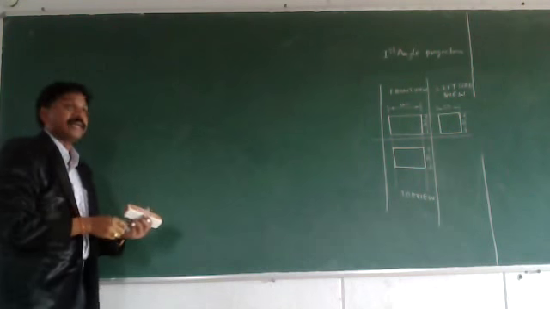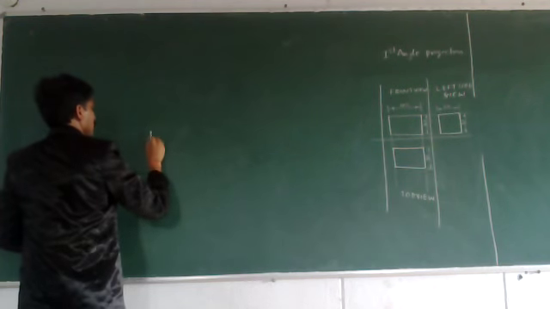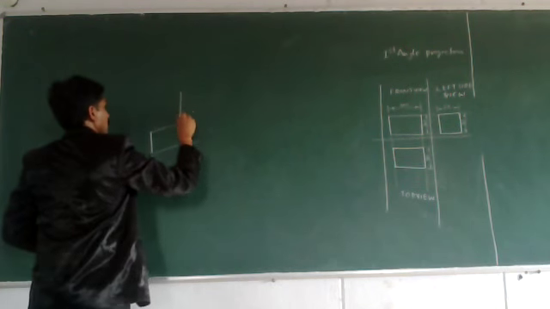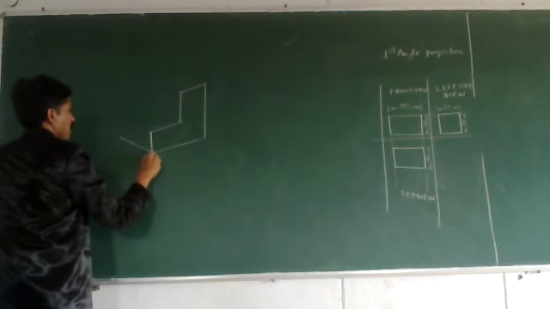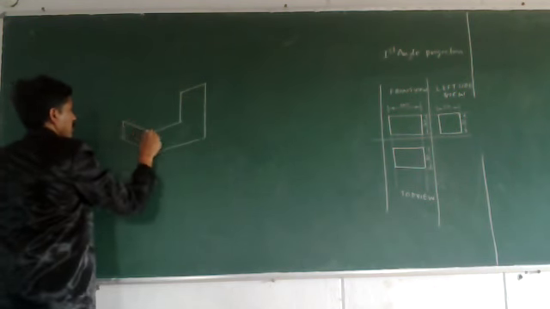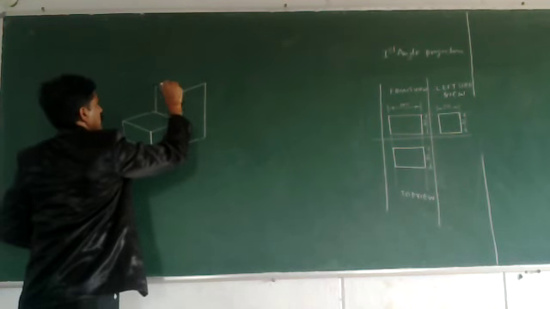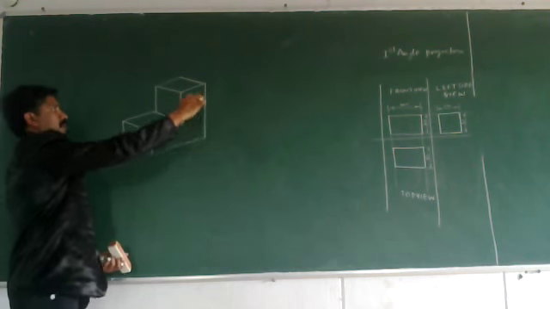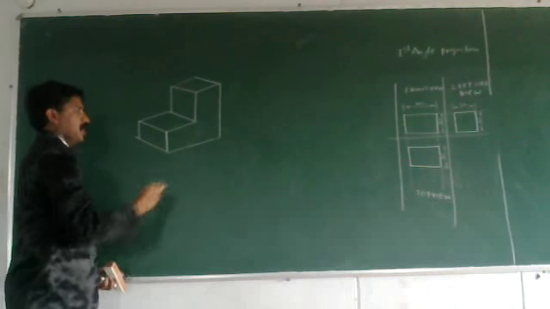If the object is more critical, like this one, it is like this. It is a reverse L shape. Am I right? It is a reverse L shape.